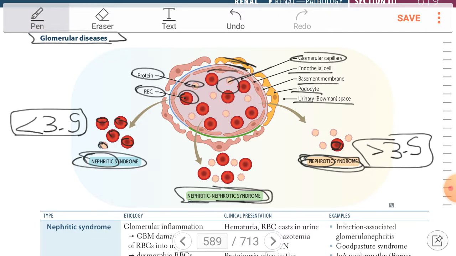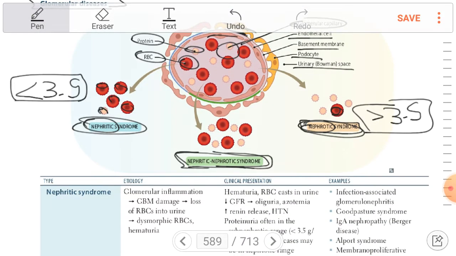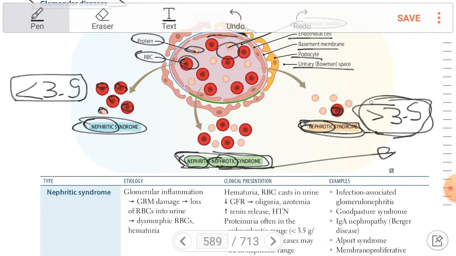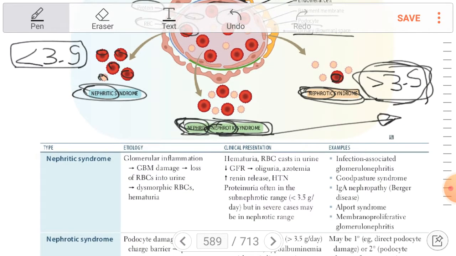Then nephrotic syndrome, it's what? It's nephritic and nephrotic at the same time, but it will go for what? For nephrotic syndrome regarding the proteinuria, so it will be more than 3.5. So it's a nephritic and the nephrotic syndrome. So but the proteinuria more than 3.5 gram per day.